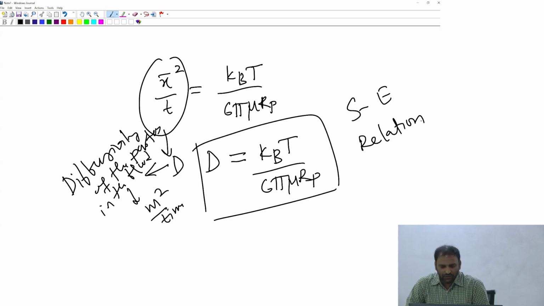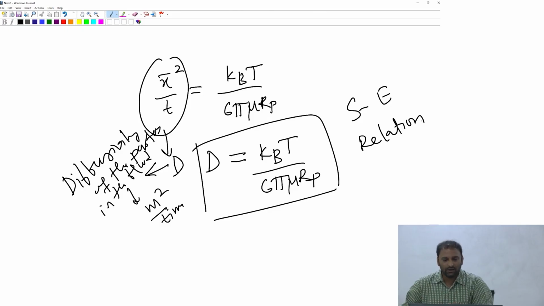So all that we did was we said that a particle is in motion, and because of which there's going to be a drag force. And we said that this is basically Stokes drag because the Reynolds number comes out to be much less than 1. The energy associated with moving the particle is the drag force times the average displacement, and that has to come from the thermal energy.